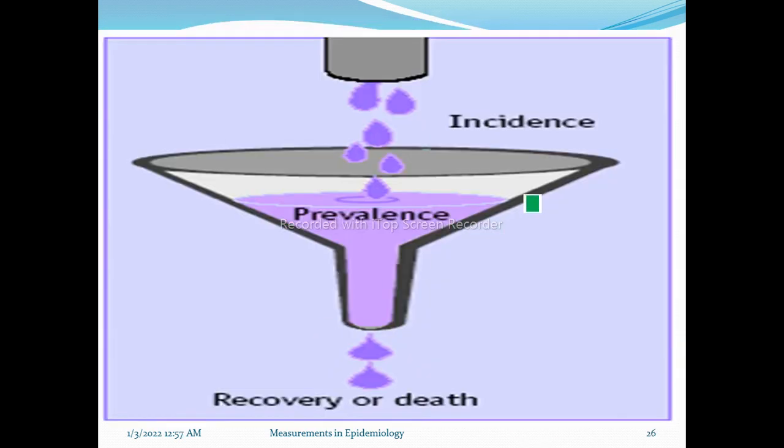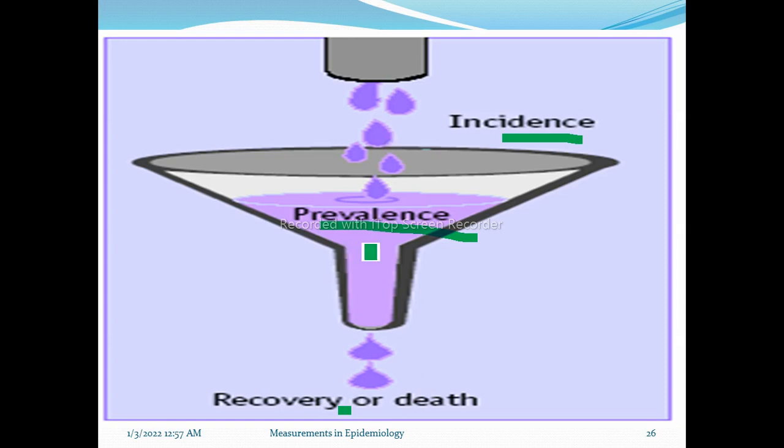So when we compare and contrast incidence and prevalence, this is a funnel. For instance, this is some machine, and this is maybe some product. This product is poured here, starting from the top.